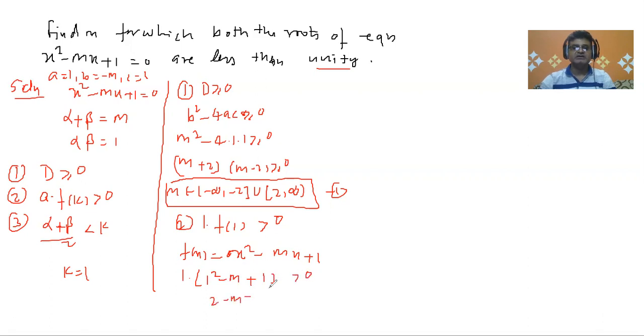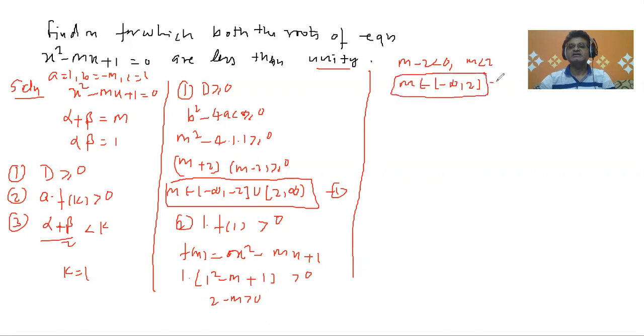So it is 2 minus m greater than 0, so m minus 2 is less than 0, so m is less than 2. So m is from minus infinity to 2. This is the second condition which we have to write down. Now the third condition: alpha plus beta by 2 should be less than 1. Alpha plus beta is m, so m upon 2 is less than 1. It means m is less than 2. So this is the third condition.